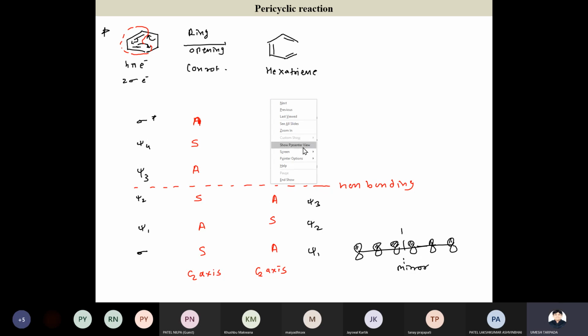Now how to draw a correlation diagram? This is the way to draw a correlation diagram. These two are correlated with each other. These two are correlated with each other.